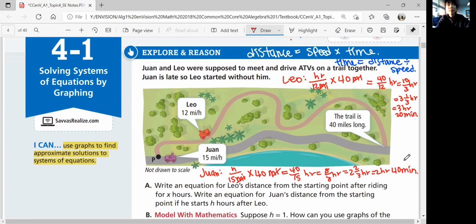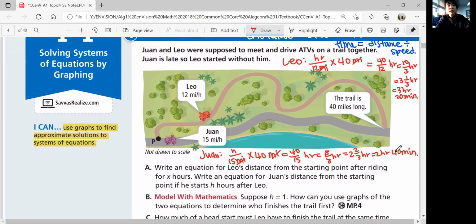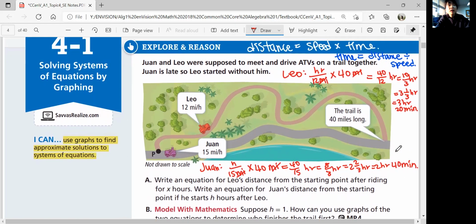First, look at part A. Write an equation for Leo's distance from the starting point after riding for x hours. So now we want to write an equation for Leo.